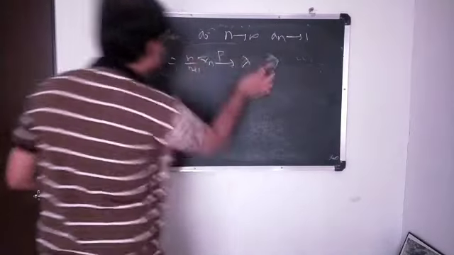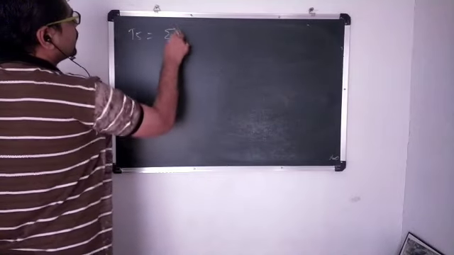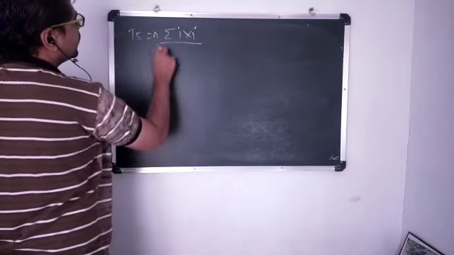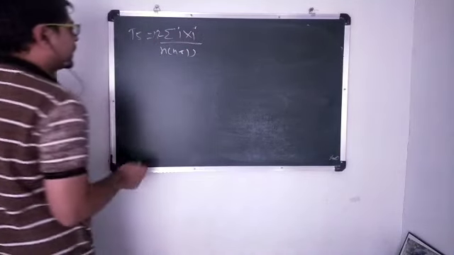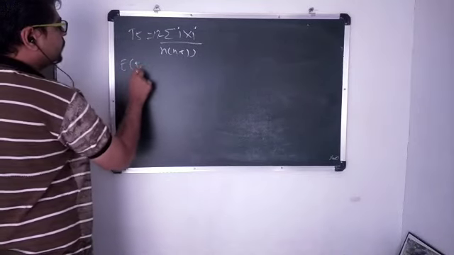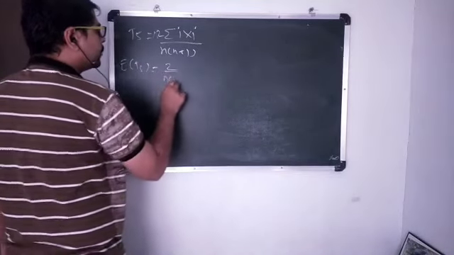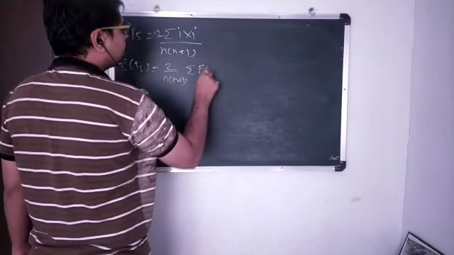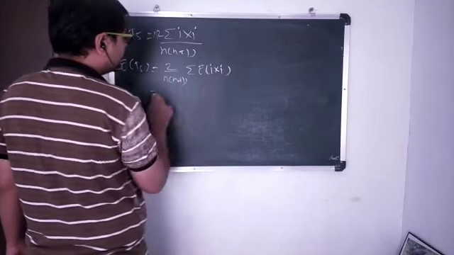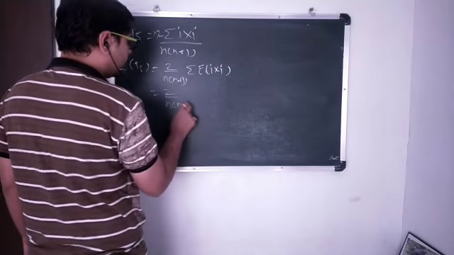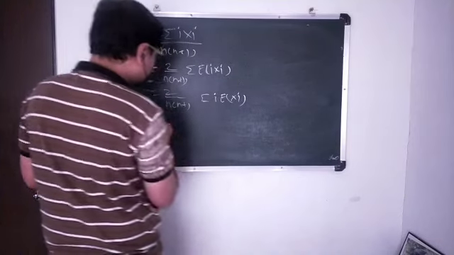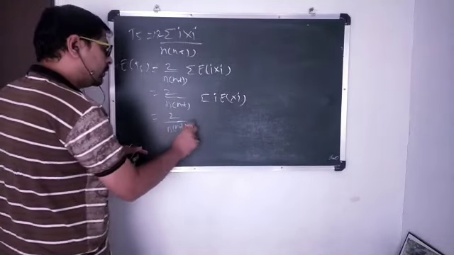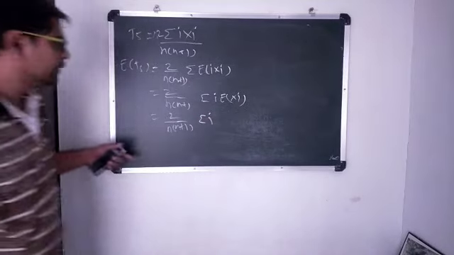Now we will consider another estimator, that is T5, equal to 2 upon n into n plus 1 times the summation i Xi. We will check its consistency. The expected value of T5 is 2 upon n into n plus 1, the summation of expected value of i Xi, so 2 upon n plus 1, summation of i into expected value of Xi, which is lambda.